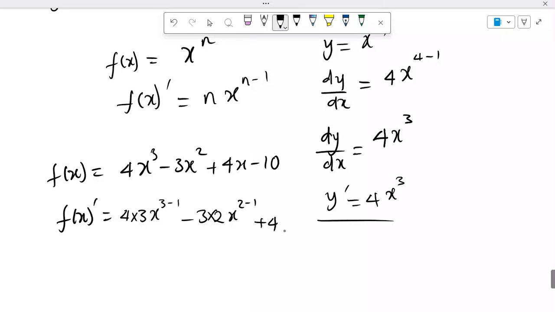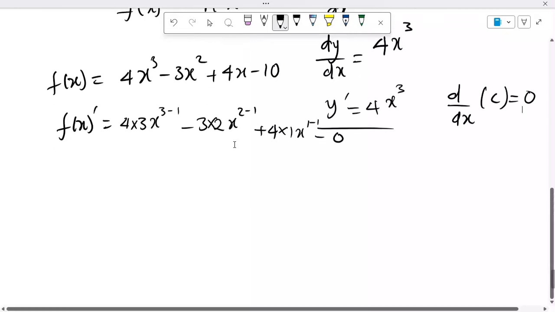The power here is 1, so multiplied by 1, x to the power 1 minus 1. Then differentiating 10: it doesn't have x, so the differential is 0. Differentiating any constant is 0, whether it's 100 or any number with no variable.